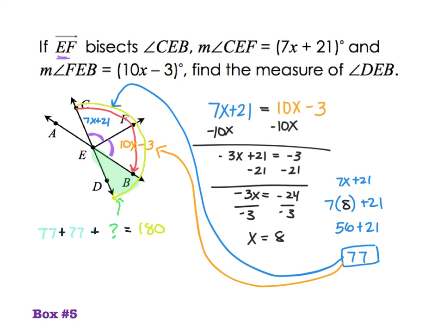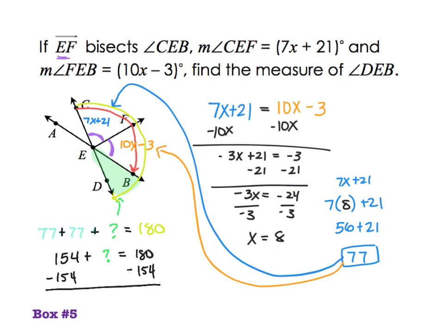So if I actually want to know my answer to that green question mark, I have 77 plus 77, which is 154, plus the question mark. I'm going to leave it as a question mark only because I'm already using x and I don't want to confuse you. So I'm going to subtract 154 on both sides.